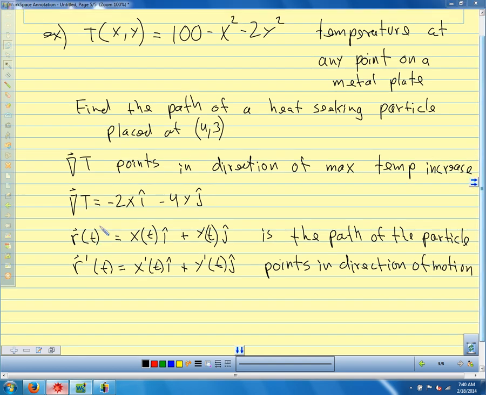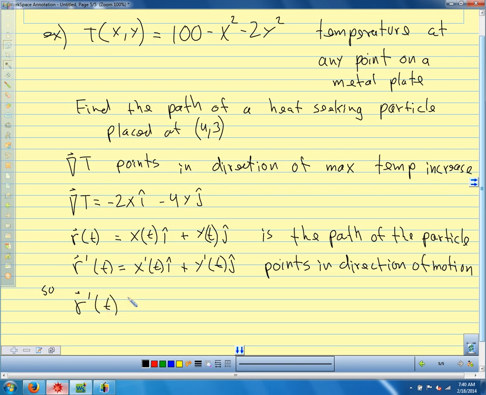So we have del T pointing in the direction of motion. It's going in the direction of maximum temperature increase, and we have r prime pointing in the direction of motion. So we can say r prime and del T are pointing in the same direction.